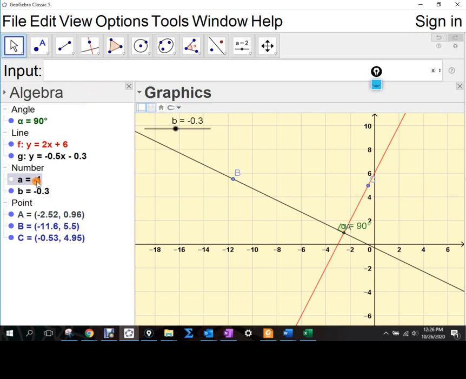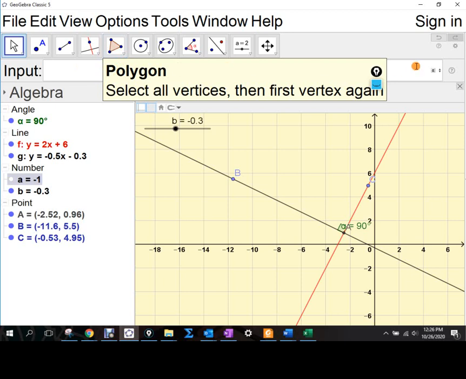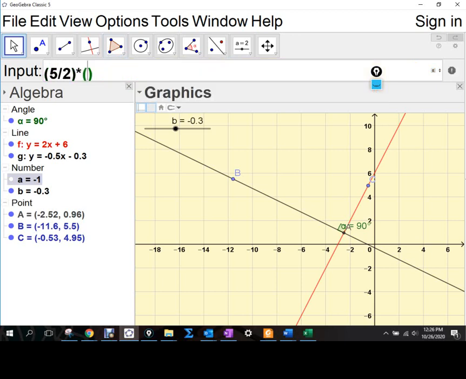You see that when I multiply those, it gives me -1, correct? Okay. What if I take 5/2? What's the opposite signed reciprocal of 5/2? -2/5. You get -1, right? Okay.